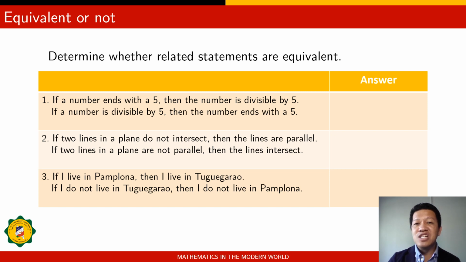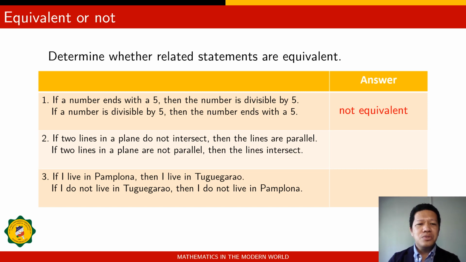That is the converse of the given statement. So if the first is conditional and the second is converse, are they equivalent? Yes or no? They are not, because what is equivalent to the conditional is the contrapositive, not the converse.